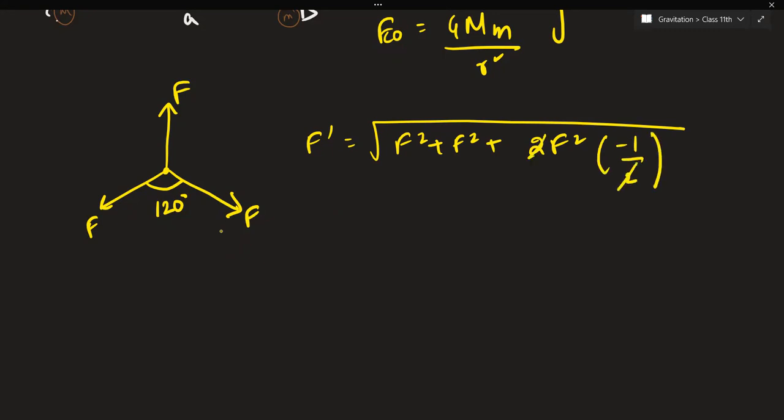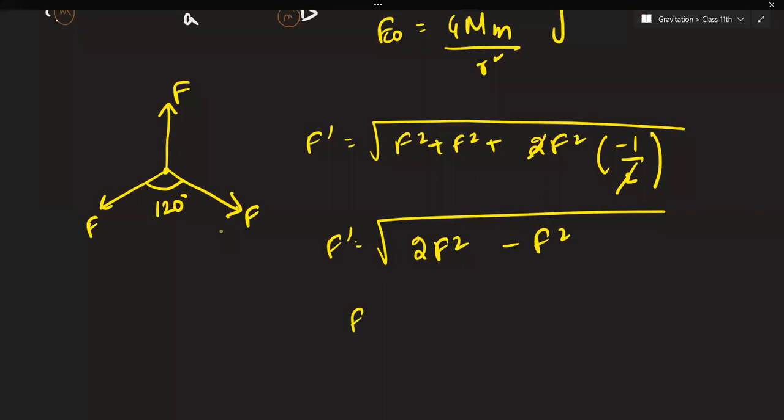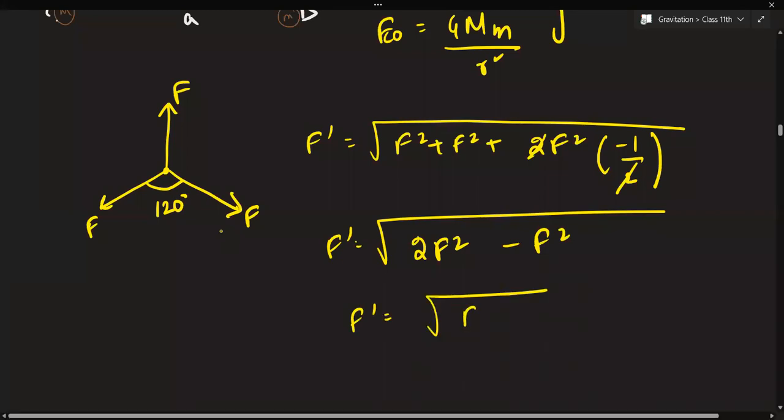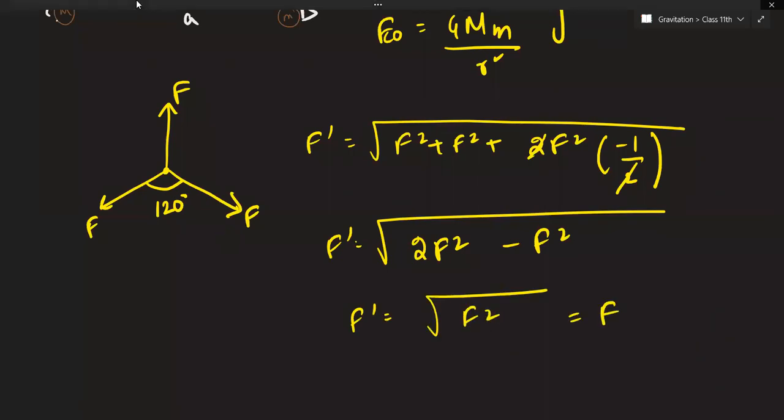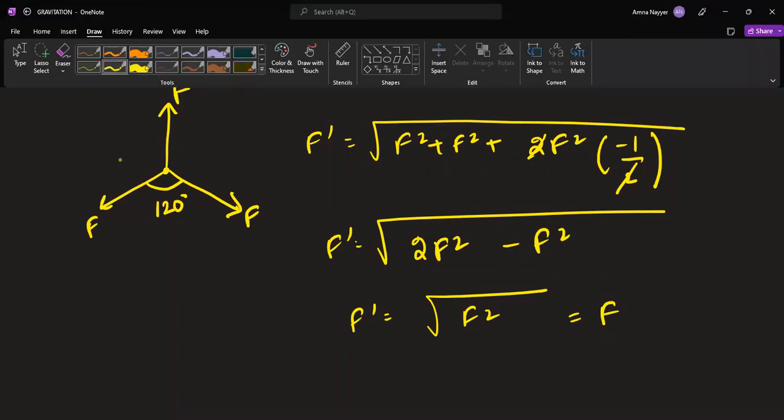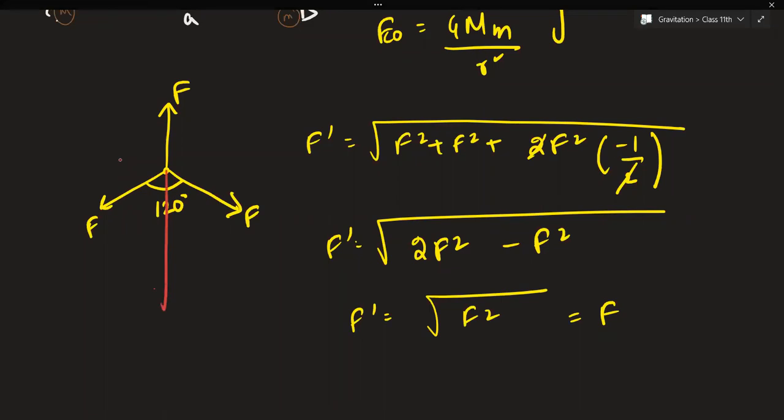So 2 gets cancelled. This becomes 2F square minus F square. That becomes only F square, which is equal to F. It means the resultant between these two F's will be here with the magnitude F only.